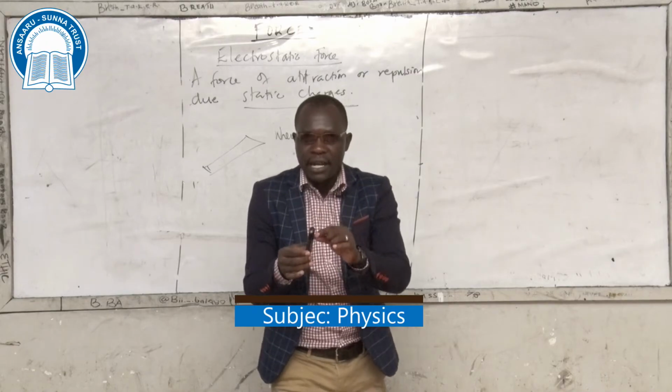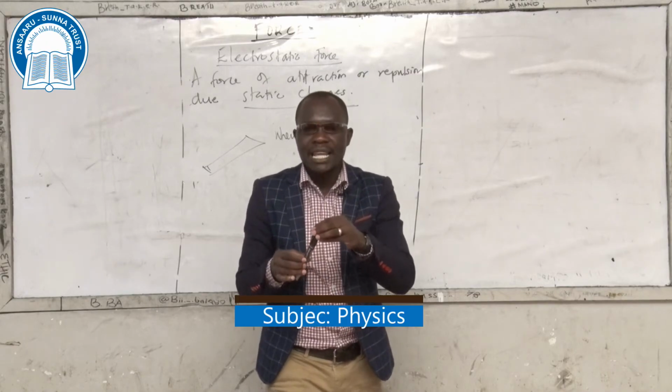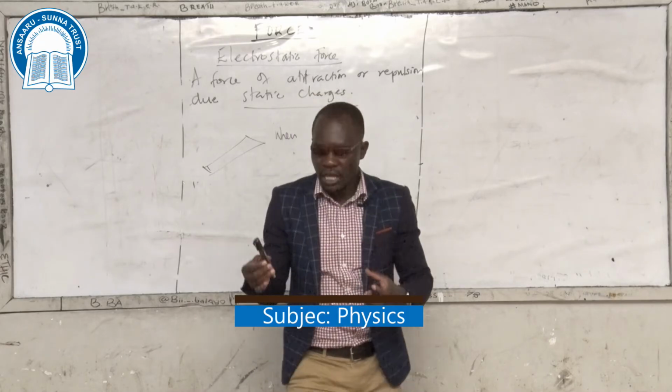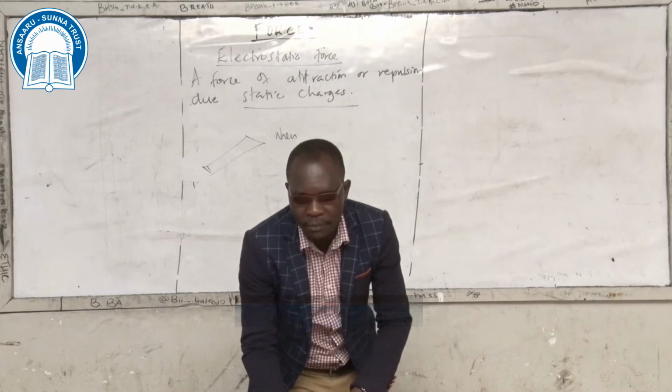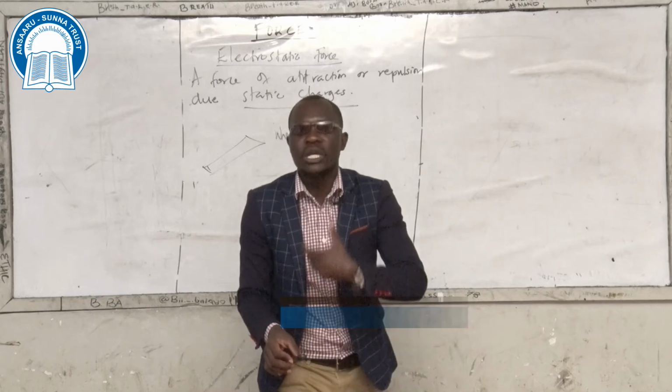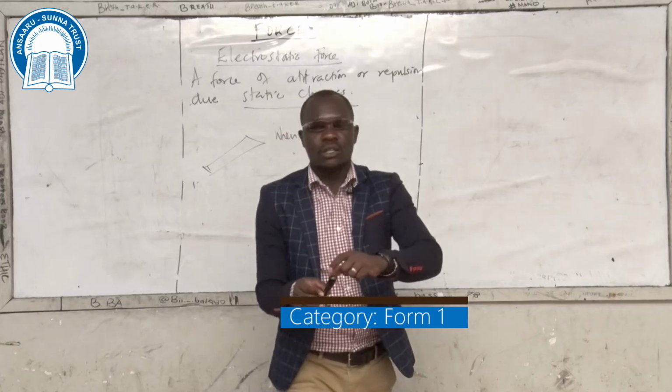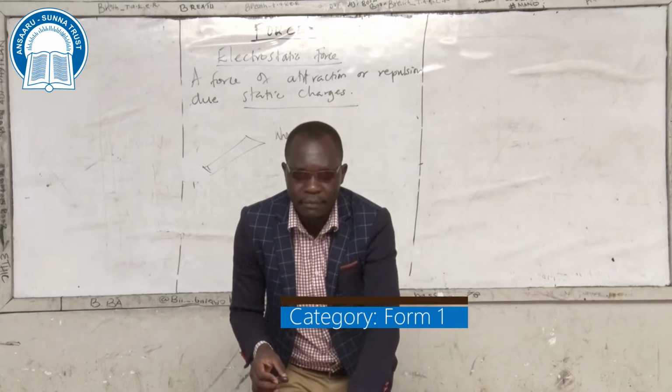So on rubbing, the pen gets charged, attaining either negative charges or positive charges. When you bring the pen closer to the pieces of paper, those charges on the pen are going to induce a charge which is opposite to the charges on the pen on the pieces of paper.